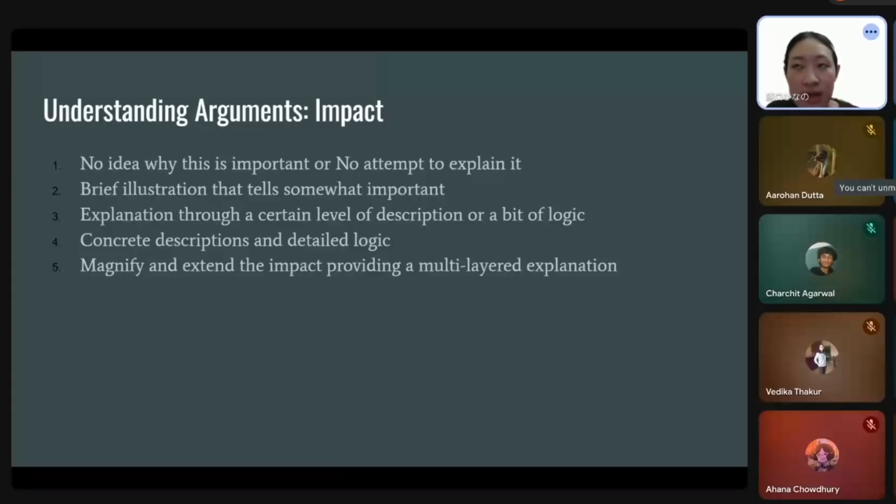It's also important to have the logic and illustration on how this impact is likely to happen. But I think these multi-layered explanations are able to show how severe this impact is. So this is the highest level of proof on impacting.